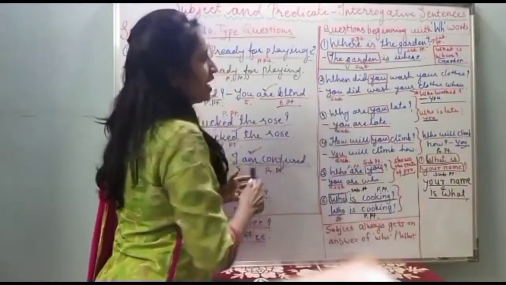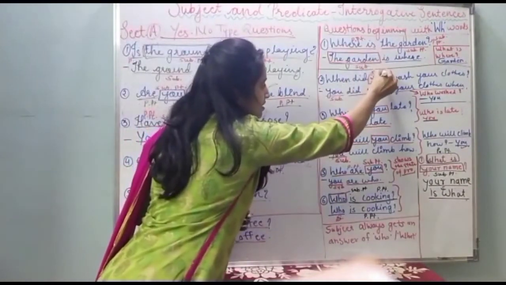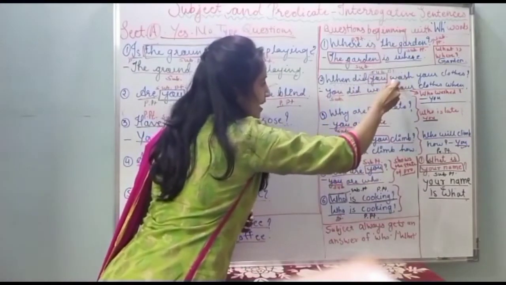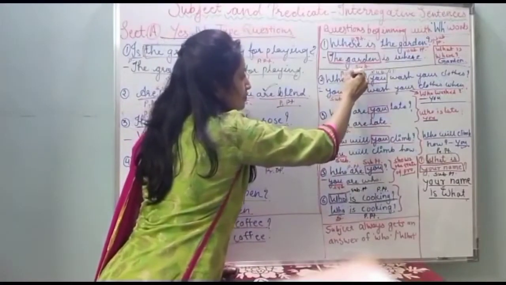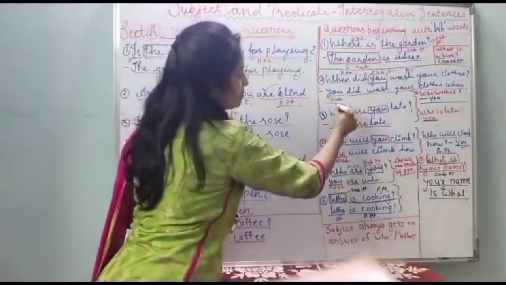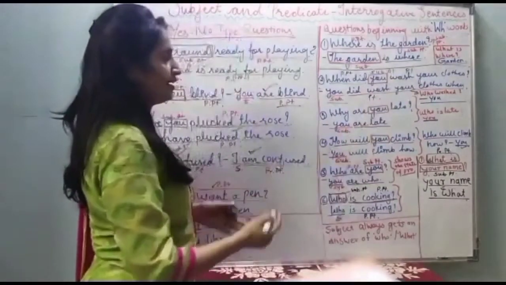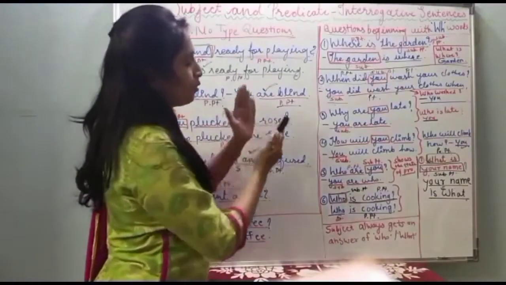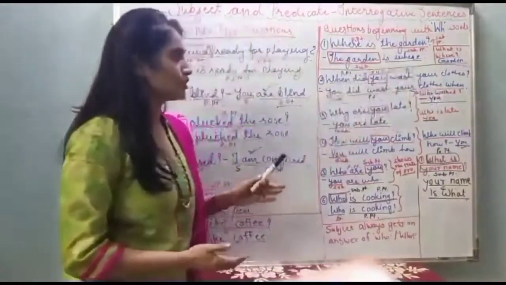You is the subject, and so you is the subject part and did wash your clothes when is the predicate part. Here, how can you ask the question? Who washed the clothes?